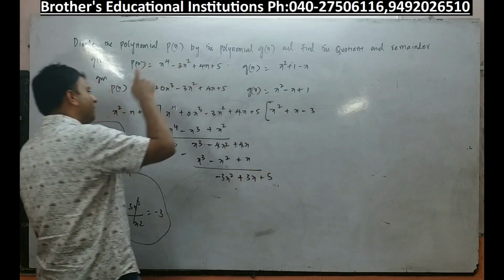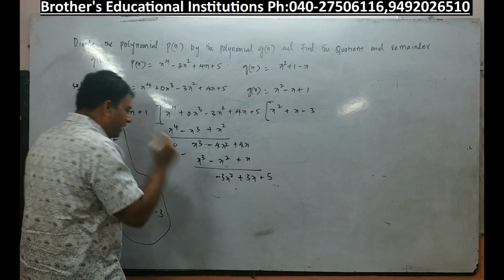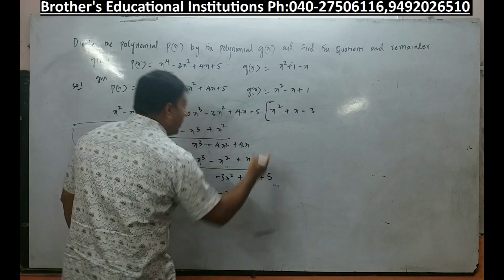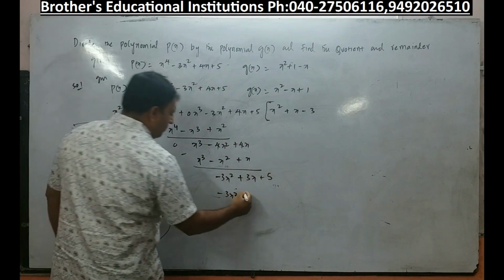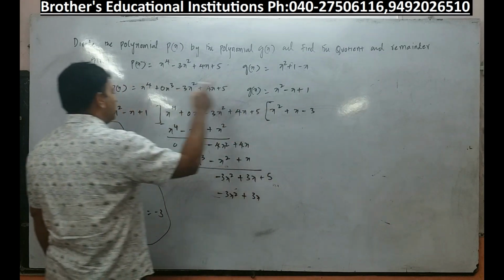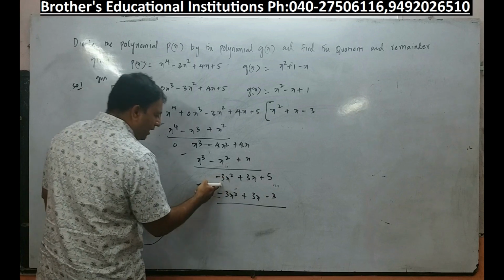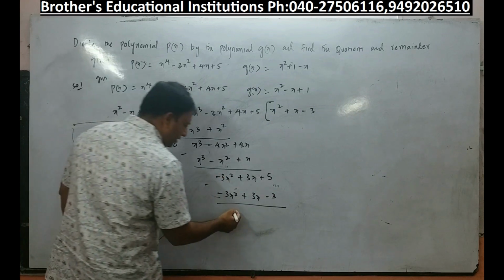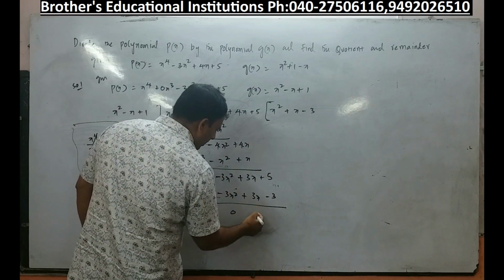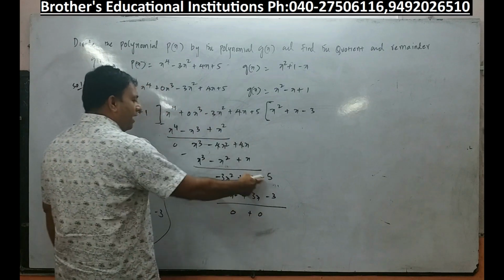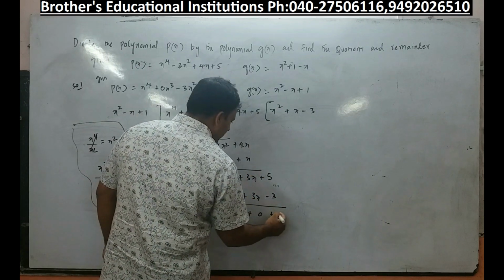Now go again multiply minus 3 with the entire divisor. Minus 3 into x square, minus 3x square. Minus 3 into minus, plus 3x. Minus 3 into plus 1, minus 3. Subtract. Now minus 3x square cancel, you get 0. 3x and 3x you can get cancelled, you get 0. 5 minus minus plus, 5 plus 3 is what? 8.